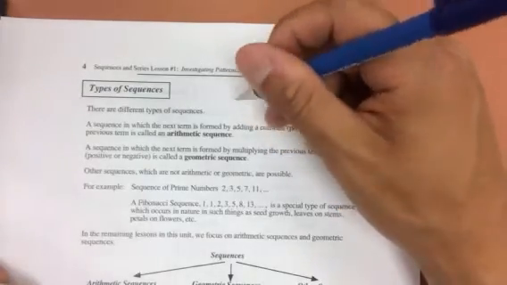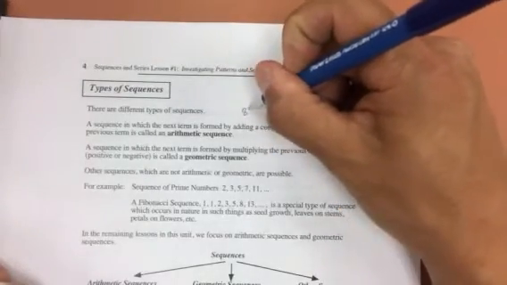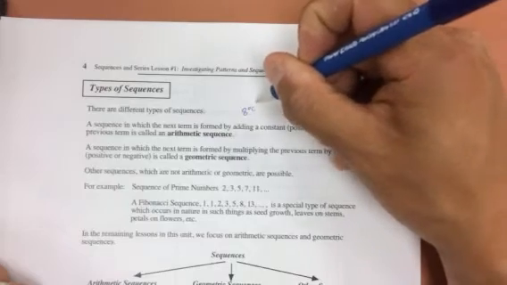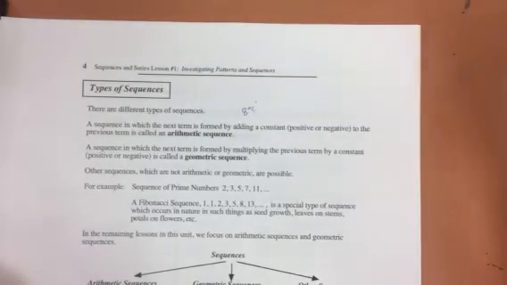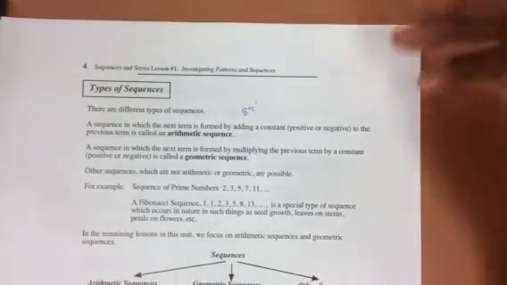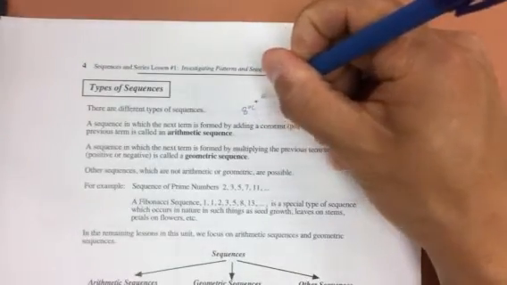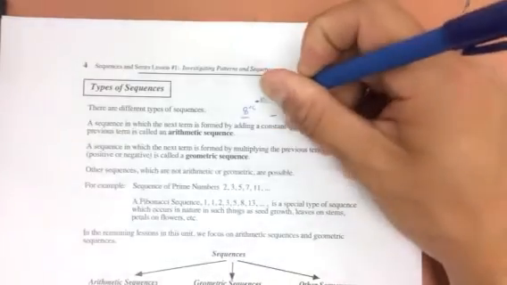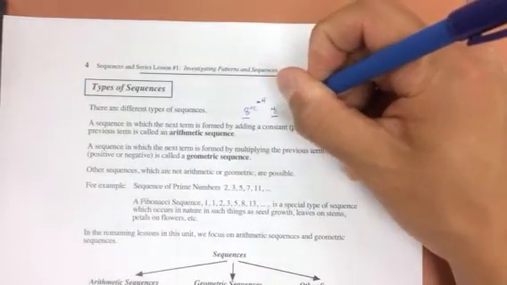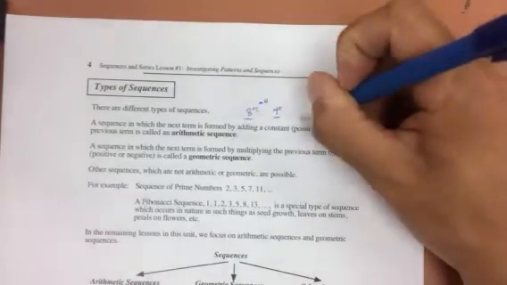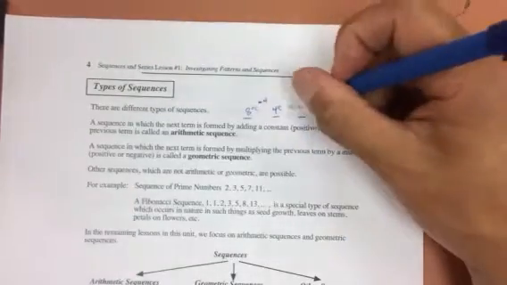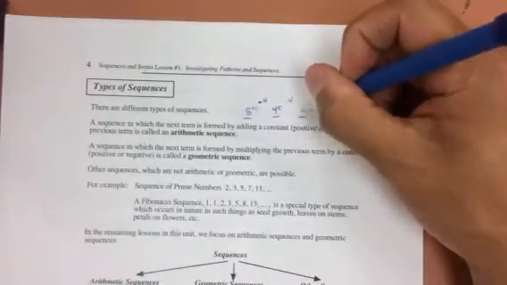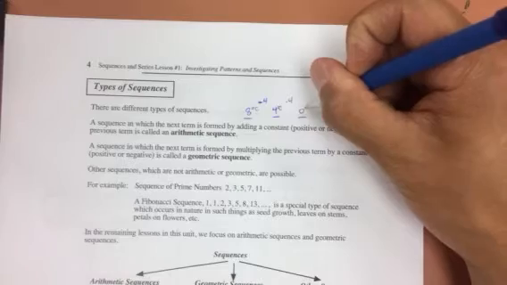So when we were talking about the temperature in Calgary, we started at 8 degrees Celsius, and every term, or every day, we were going to subtract 4 degrees. So that's my first term. If I subtract 4 degrees, I was at 4 degrees Celsius. For the next term, my third term, if I subtracted another 4 degrees, I would be at 0 degrees Celsius.